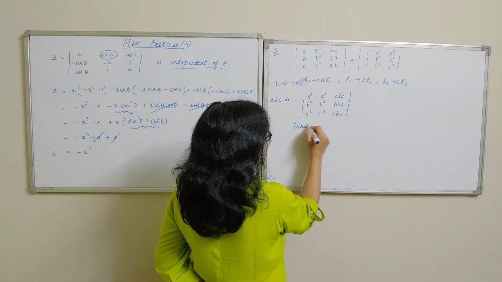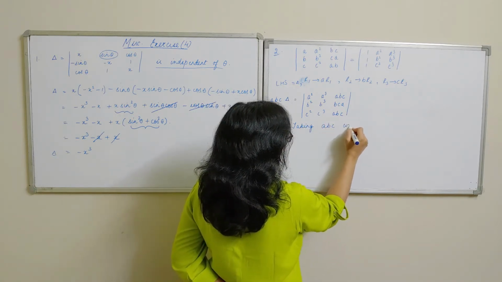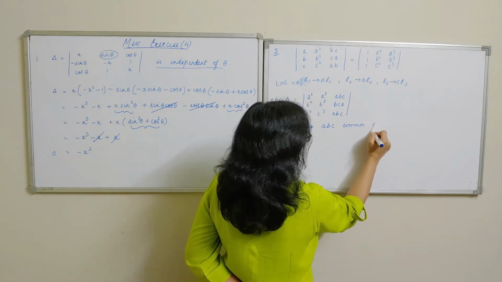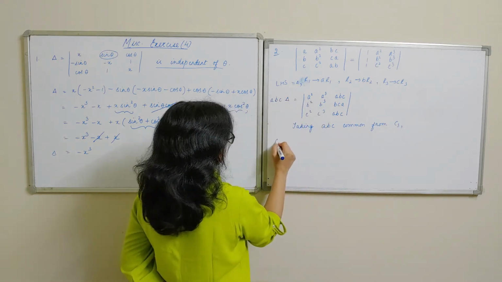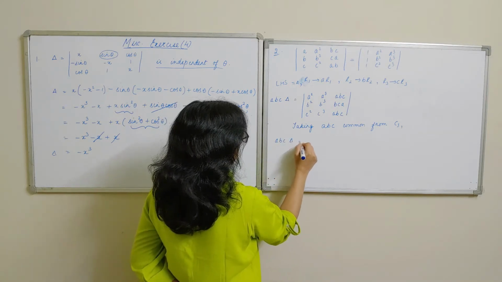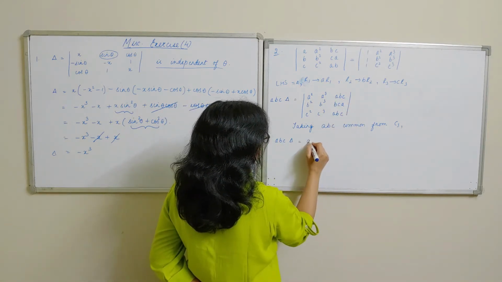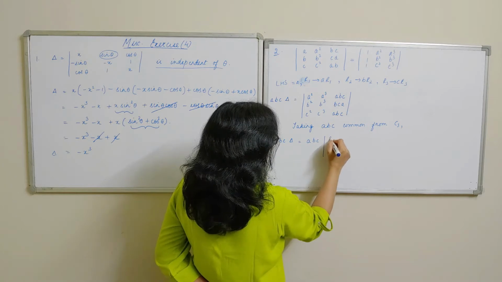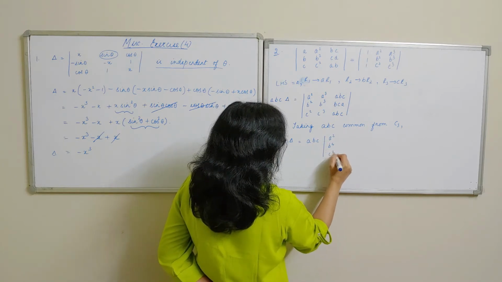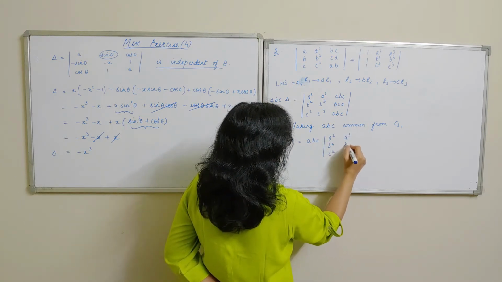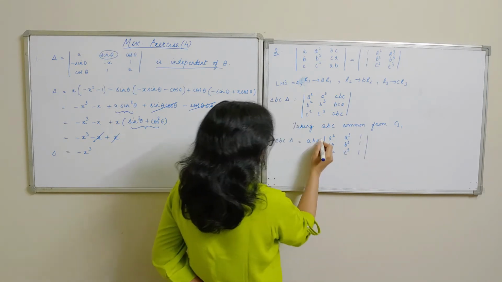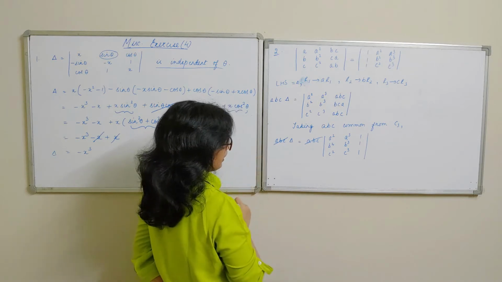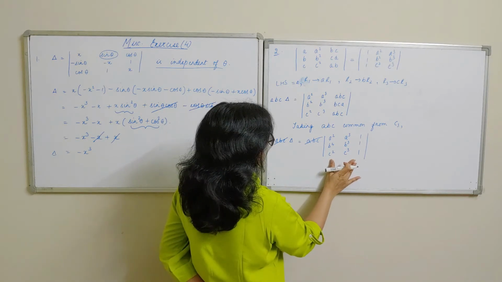So taking abc common from the third column. So here left side is abc times delta. On the right side we have taken this common, abc. So we get a square, b square, c square. Here is a cube, b cube, c cube, and this. So these constants finally get cancelled off. This is what we have obtained.